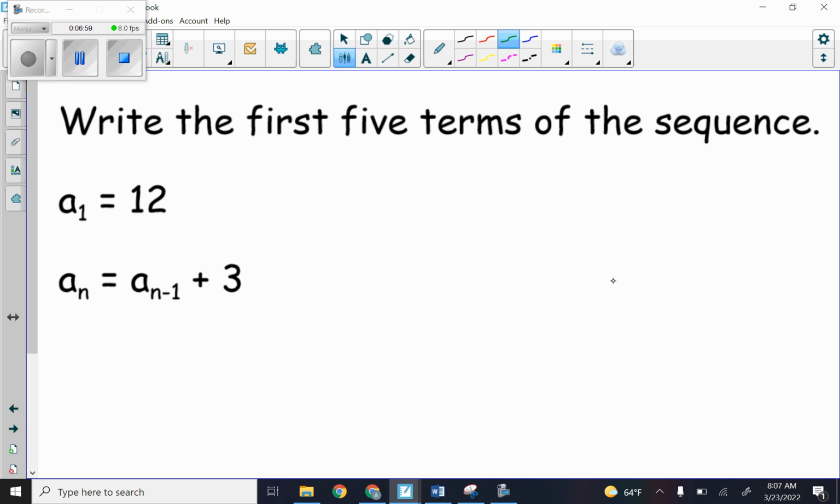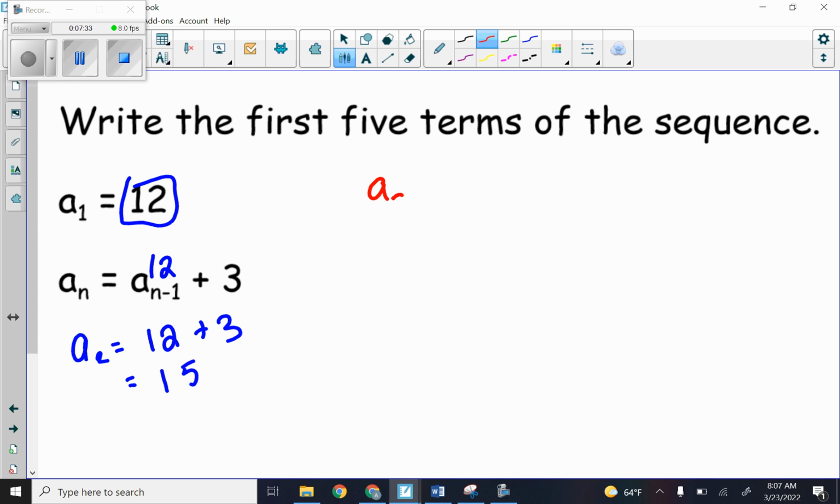Right, now we're going to figure out how to find the first 5 terms of the sequence. Finding our first 5 terms, we know what a sub 1 is, so we're going to put 12 in there to find a sub 2. So a sub 2 equals 12 plus 3, which is 15.